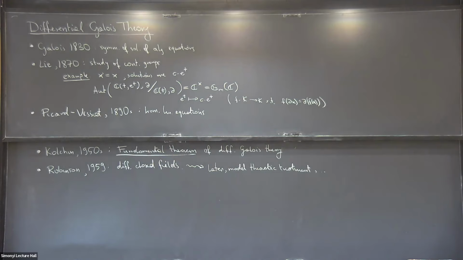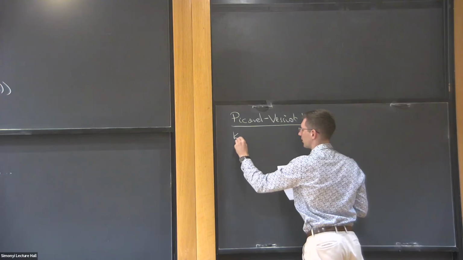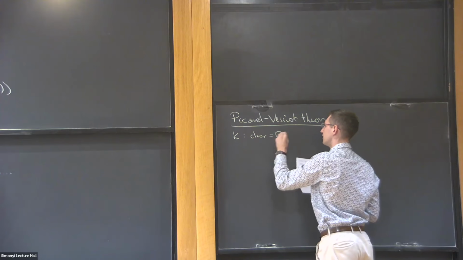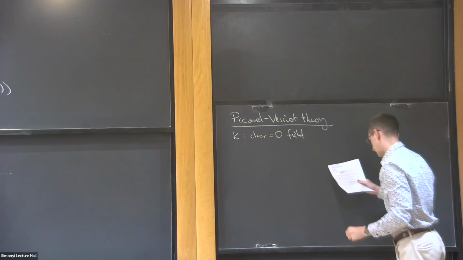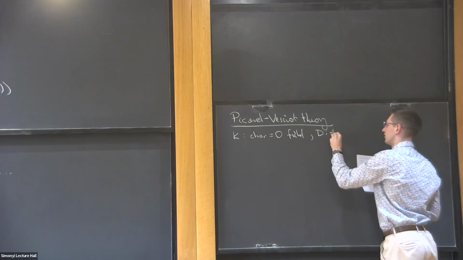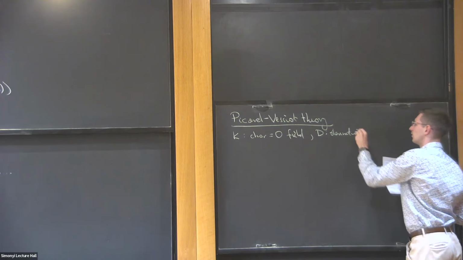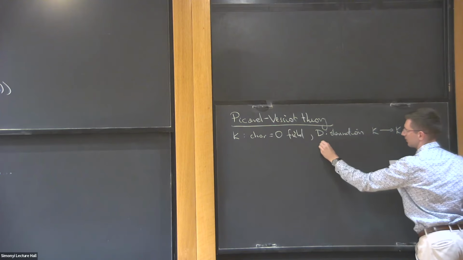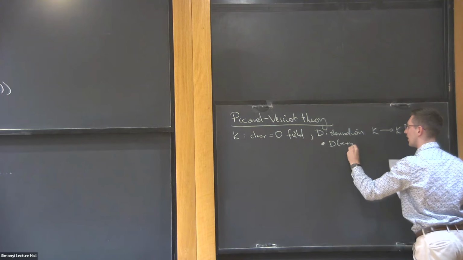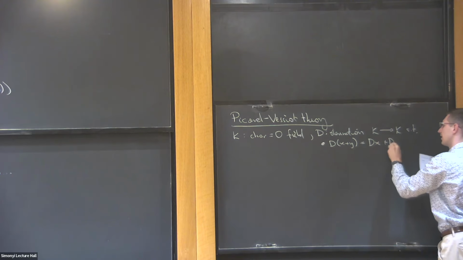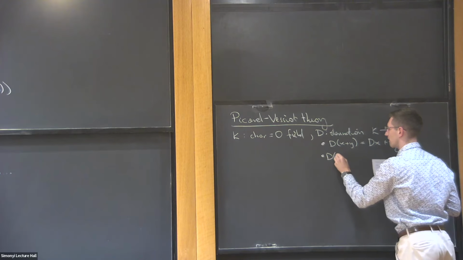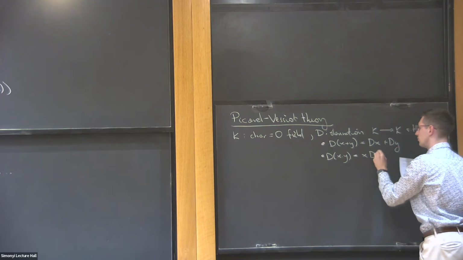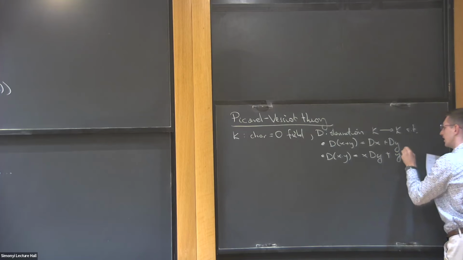So I'll review first Picard-Vessiot theory. The context is the following. K is a characteristic zero field, and it has a derivation D. So it's a function from K to K, such that the derivation of x plus y is dx plus dy, and the derivation of x times y is x times dy plus y times dx.